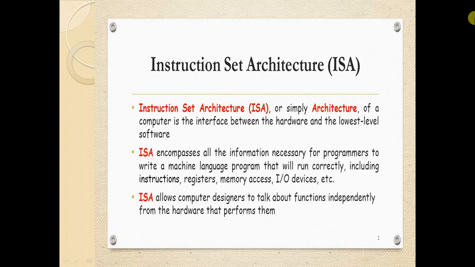ISA encompasses all the information necessary for programmers to write a machine language that will run correctly, including instruction, register, memory access, I/O devices, etc. ISA allows computer designers to talk about functions independently from the hardware that performs them.